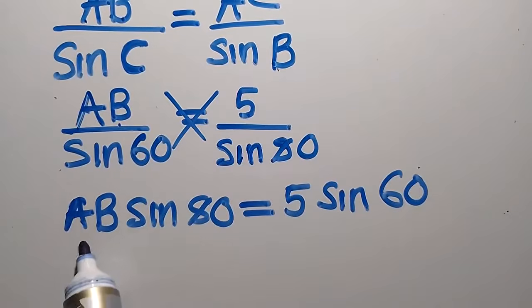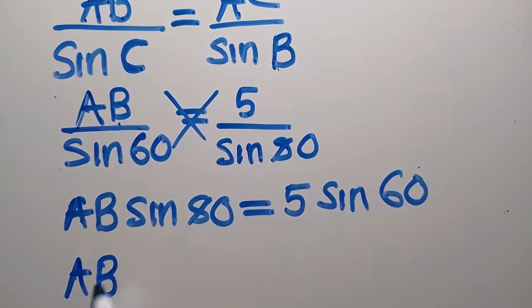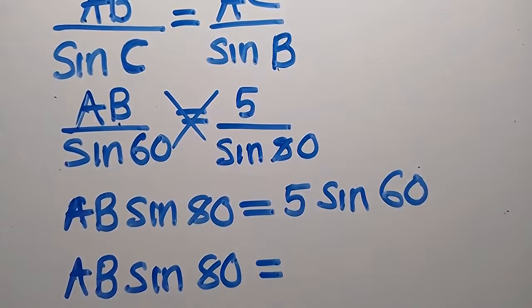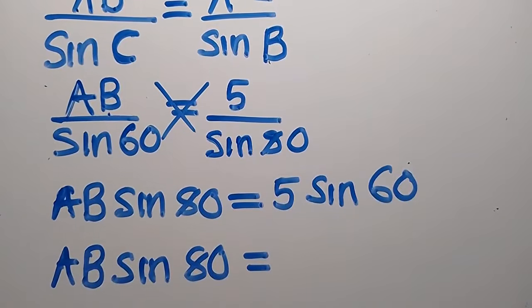So you want to find AB. Finding AB, you're going to have AB sine 80, which is equal to, you can press this one on your calculator. You are able to type that one on your calculator.